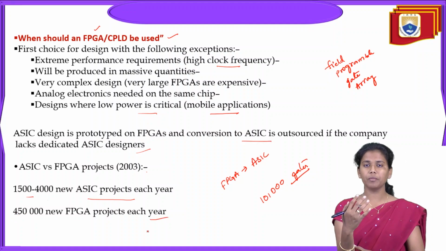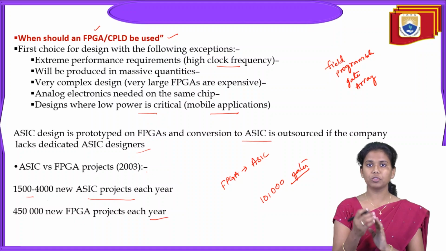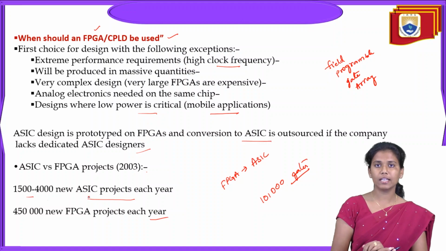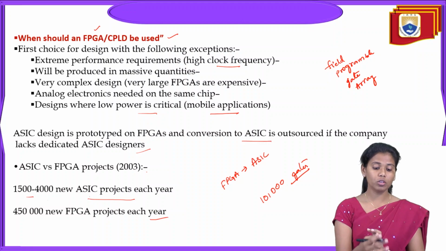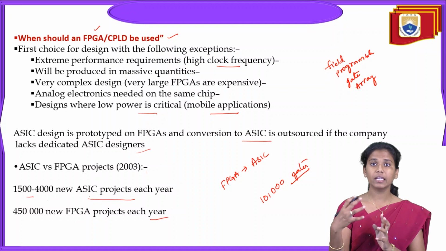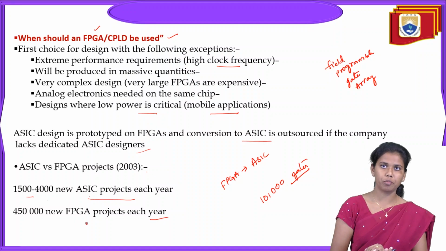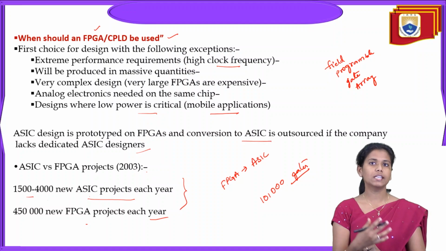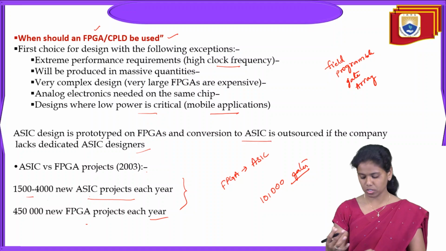If you see the separation between ASIC and FPGA, there is an immense increase in the FPGA projects compared to ASIC projects, right? This is a simple statistic based on the growth in ASIC as well as FPGA projects.